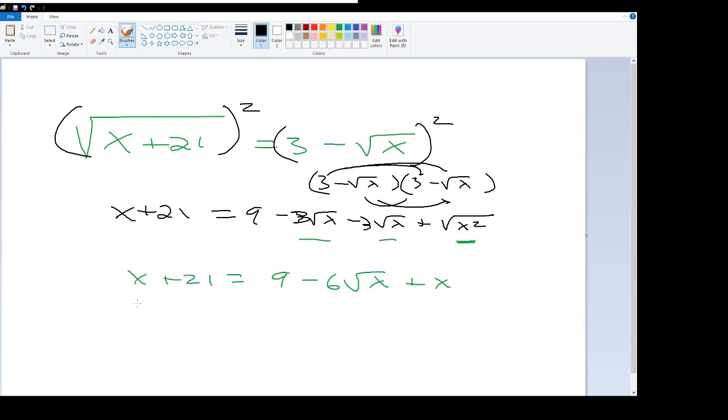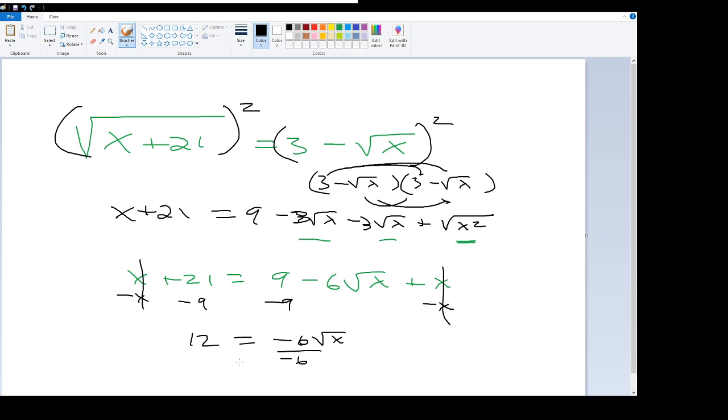Notice, let's combine like terms. So minus x, those go away. Those go away. I can do minus 9, and so that's going to give me 12 is equal to negative 6 root x.